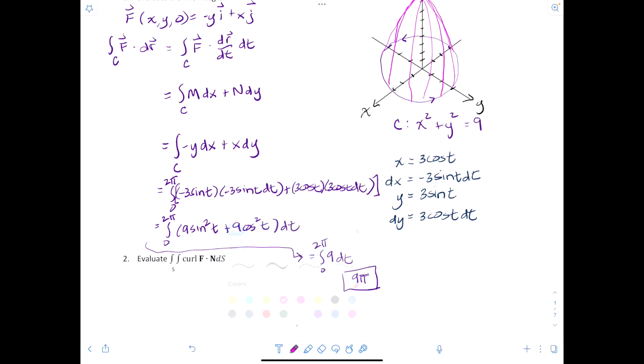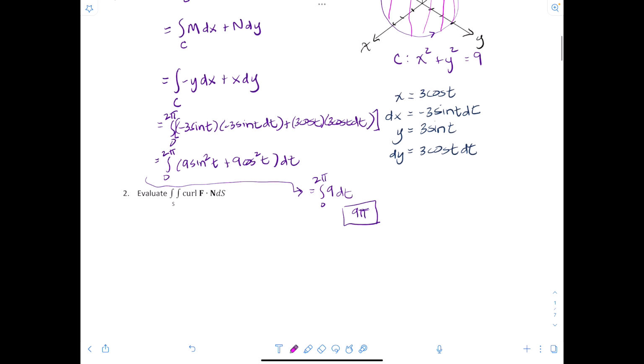All right, now looking at the surface integral, we've got curl F · n, that dot product, where n is the normal vector. We're going to see what this is equivalent to.